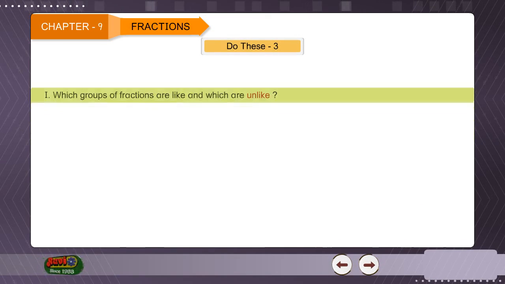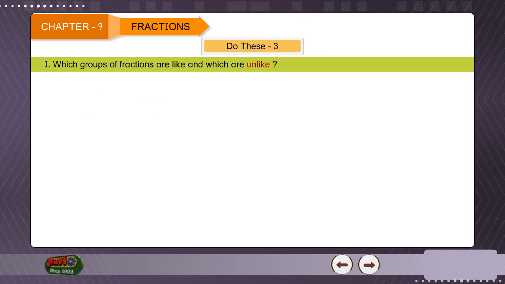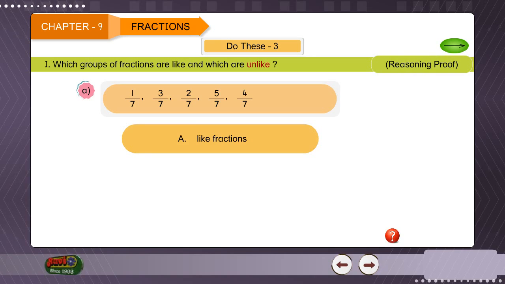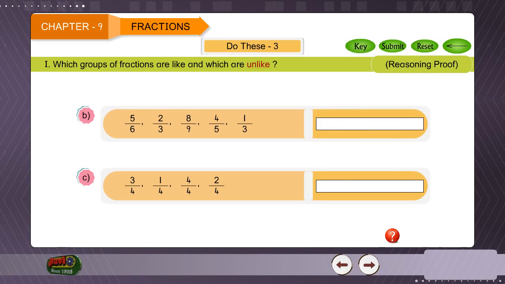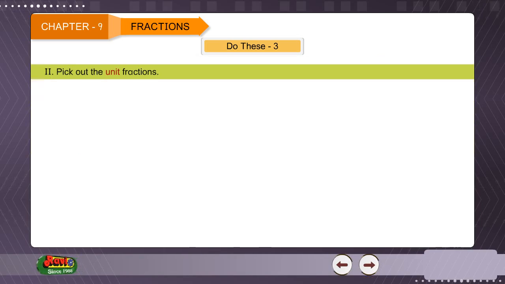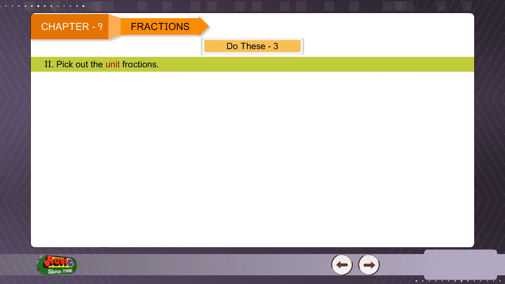Do these 3. 1. Which groups of fractions are like and which are unlike? Reasoning proof. 2. Pick out the unit fractions.